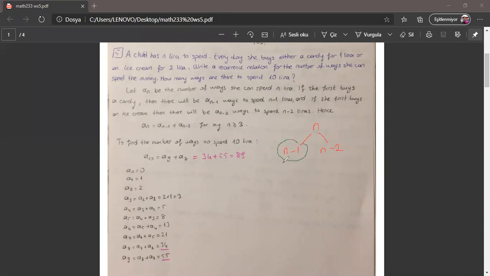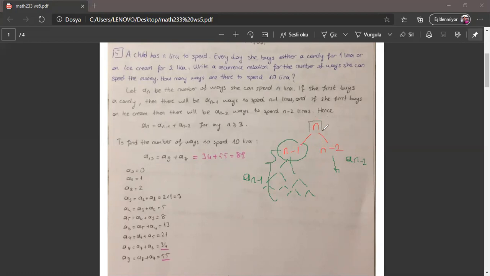For this part, there will be again and again some possibilities, okay? So for this part, there will be a sub n minus 1 many ways to spend this lira. And for this part, she will have a sub n minus 2 ways to spend that money, n minus 2.